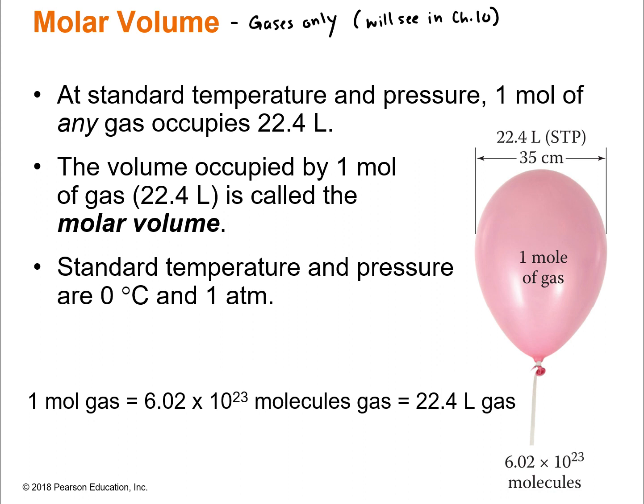At standard temperature and pressure, which we'll define in chapter 10, don't worry about it for now, 1 mole of any gas occupies 22.4 liters. So it doesn't matter whether it's oxygen, nitrogen, helium, whatever gas, if you have 1 mole at the standard temperature and pressure, then you know the volume is 22.4 liters.